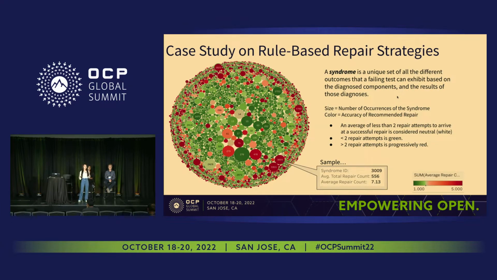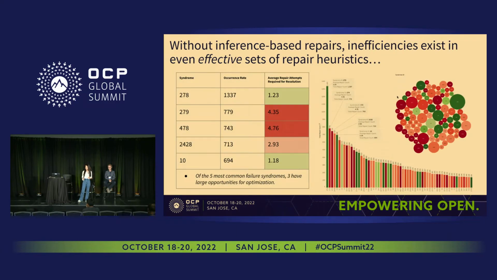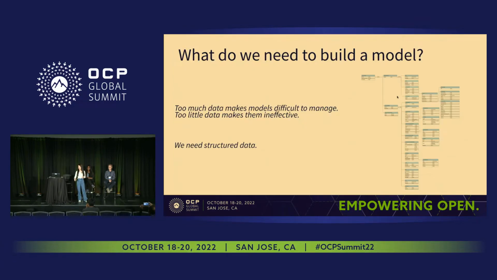You can see that it's mostly green, meaning our rule-based system did a great job in general. But there are some hotspots we can improve. If we only look at the top 5 syndromes, 3 of them have some margin to be optimized, which gives us more confidence that we are making a data-driven decision to start using and exploring an inference model.